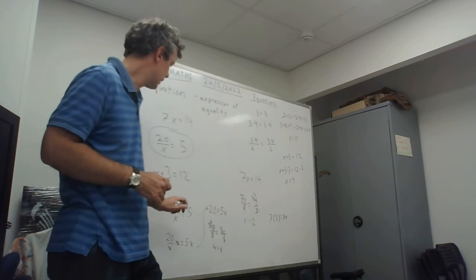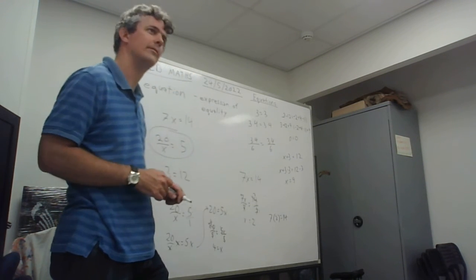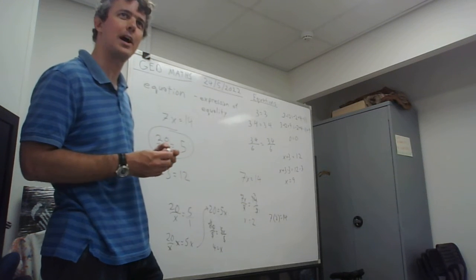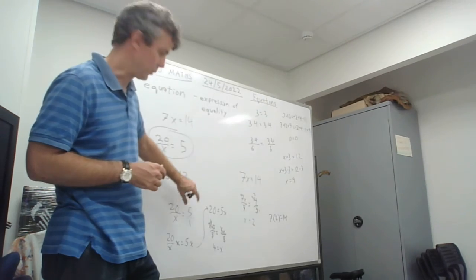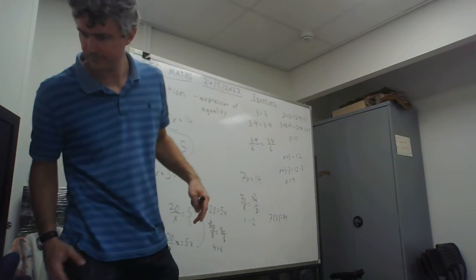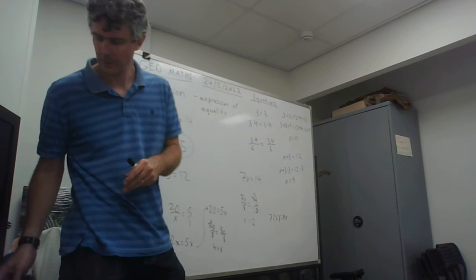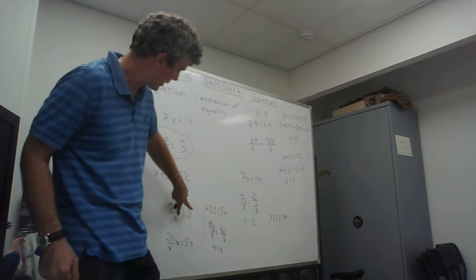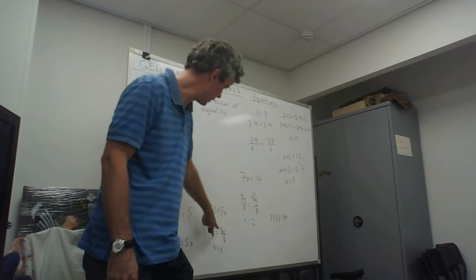Yeah. And do you guys remember when we did the cross multiply? Remember when we were doing fractions, cross multiply? You can do that here. So we could cross these x and 5, right? We cross them, and then it becomes x equals 20 over 5. Which is what we got here.